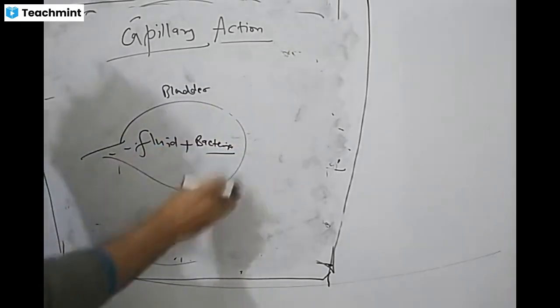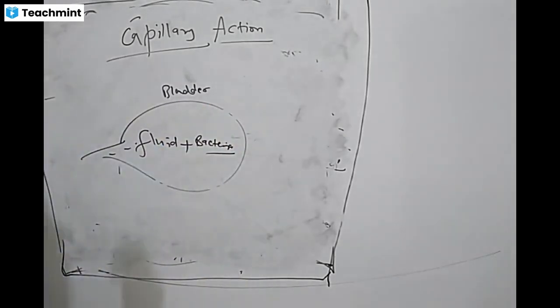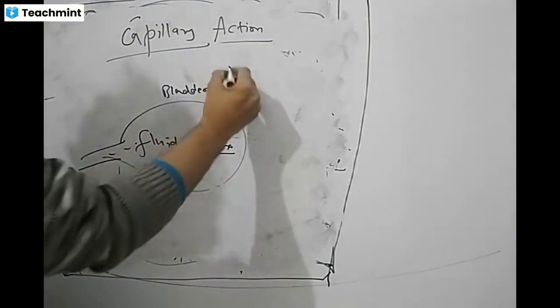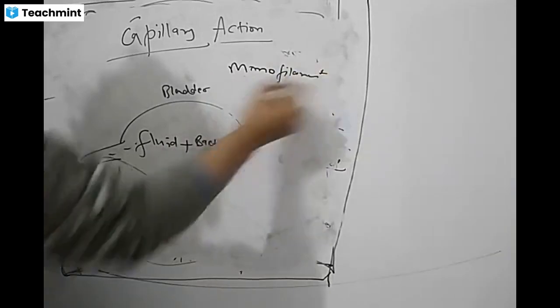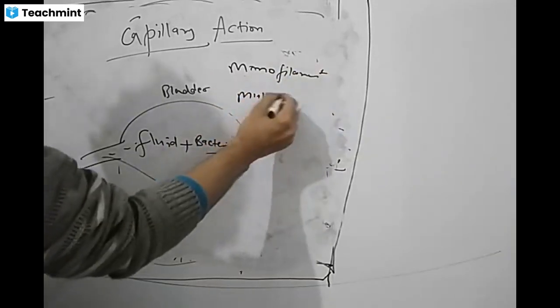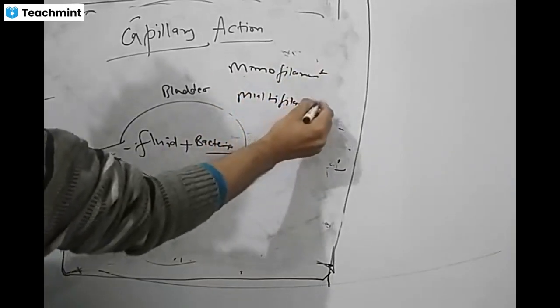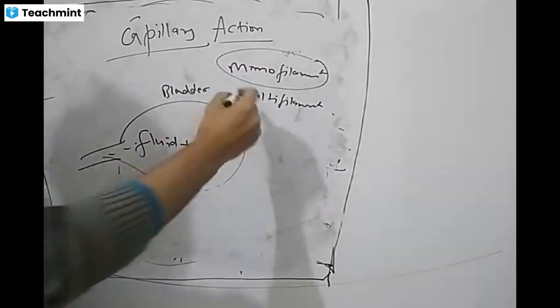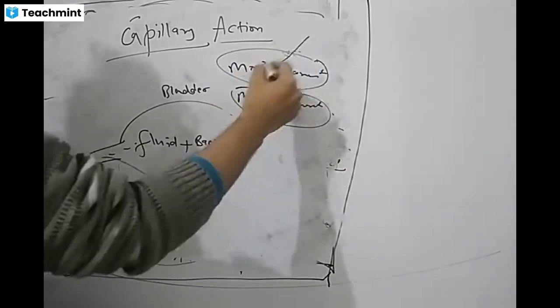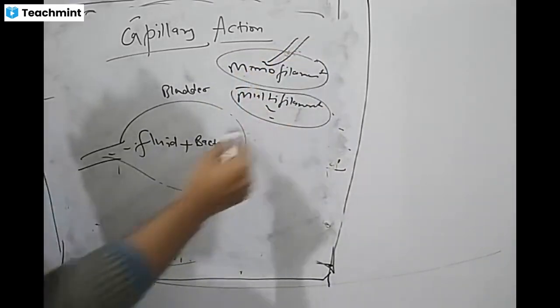There is rupture of the bladder and you have the option to apply monofilament or multifilament. You have two options in your hand: your bladder is ruptured and you have to decide what to apply, mono or multifilament.